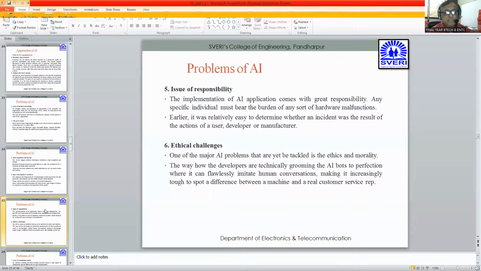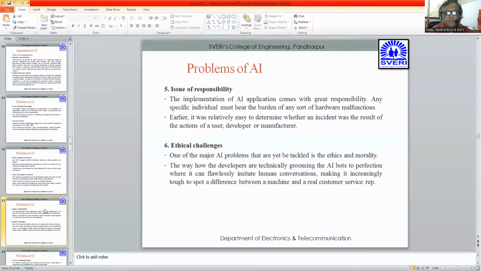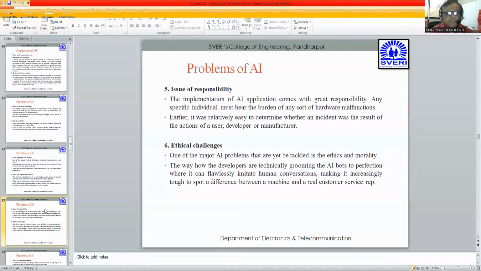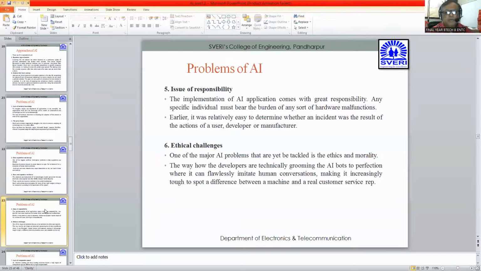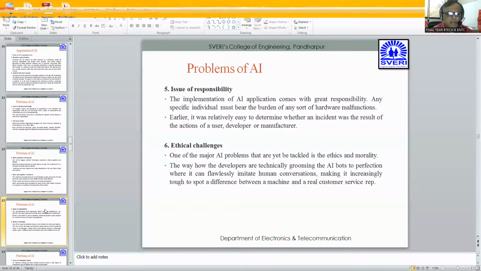The mimicking of human intelligence in a robot or AI bot has increased so much that it's difficult to differentiate whether a machine or a human is speaking. All these ethical challenges will come up as we go in depth into AI. So these are some of the problems of AI.